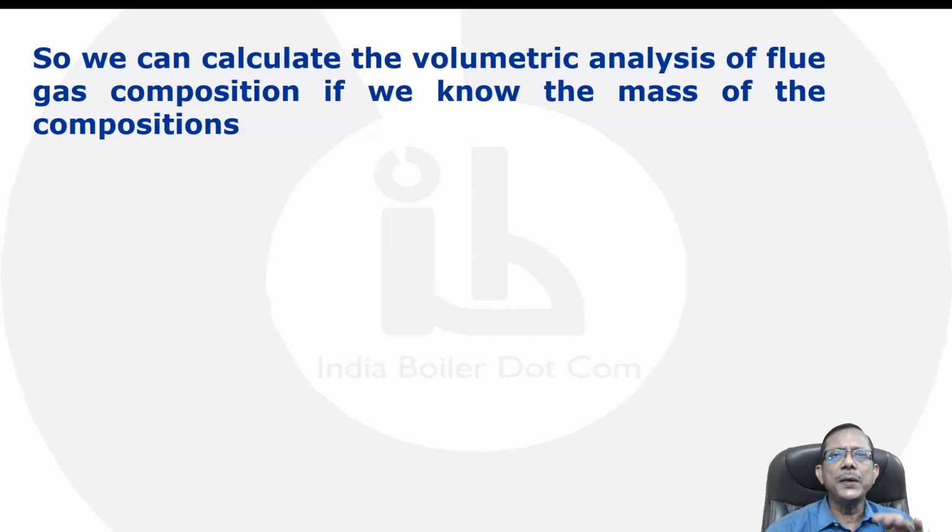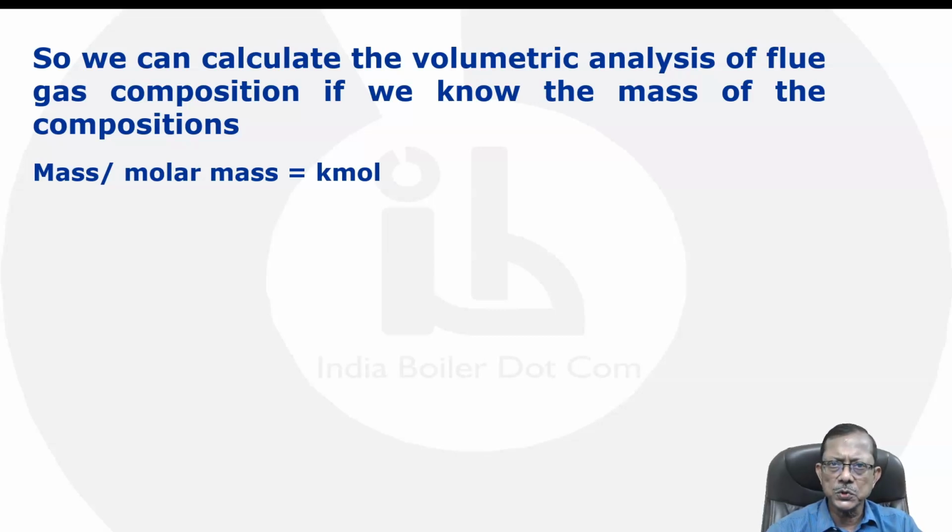Now, if I know the mass of flue gas composition, I can convert it to the volumetric composition, or at least we can find out the volumetric analysis. What we need to do is just convert the mass into kilomole, and whatever the kilomole proportion is, that is the volume proportion, so we can calculate the volumetric analysis of a flue gas composition by that.